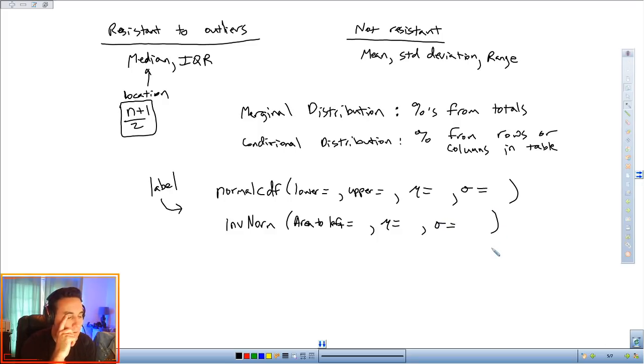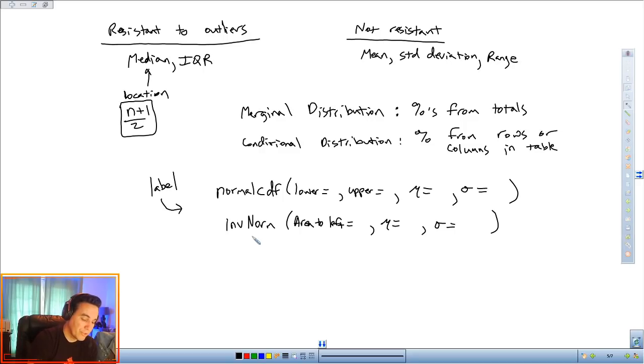That's the older calculator. On the newer calculator, you didn't have to put area to the left. I downloaded the new one onto my calculator from the TI website. I can do left, center, right now, but I'm assuming you didn't do that and you still have to do left. So there's your inverse norm command and your labeling of that.